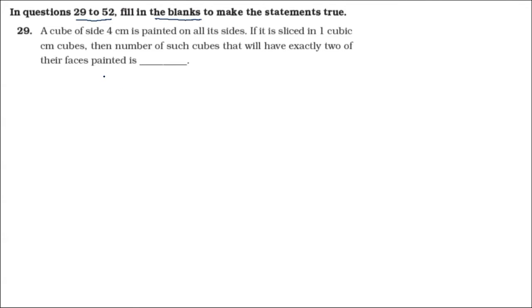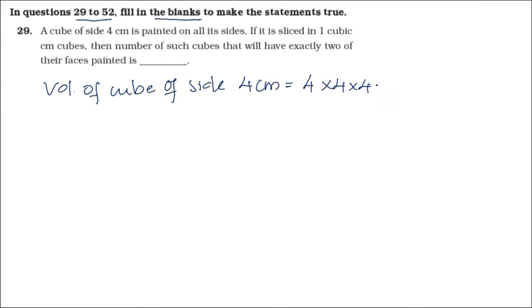Let's try and understand this. There's a cube having the edge as 4 centimeter. For this I can find out its volume. Volume of a cube of side 4 centimeter will be equal to 4 into 4 into 4, which is 64 centimeter cube.